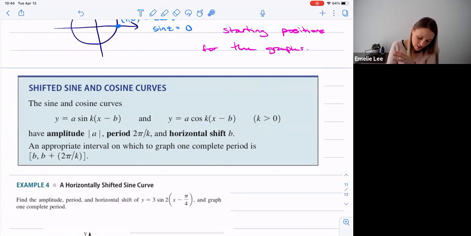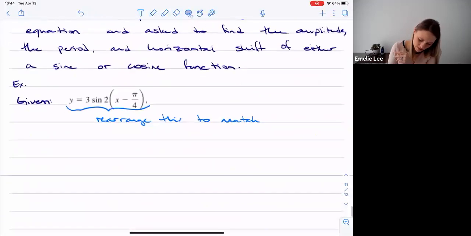In this case, we have a sine, so then we want to rewrite it to match the sine version.